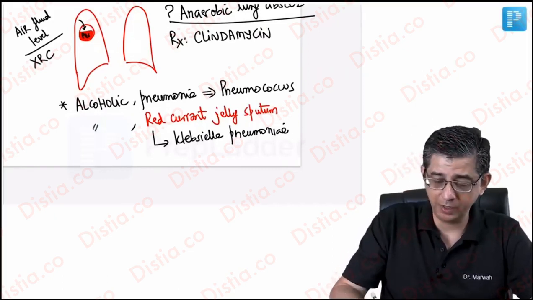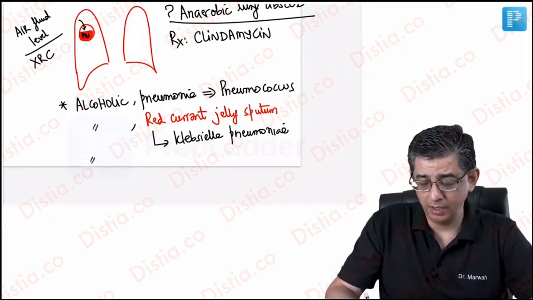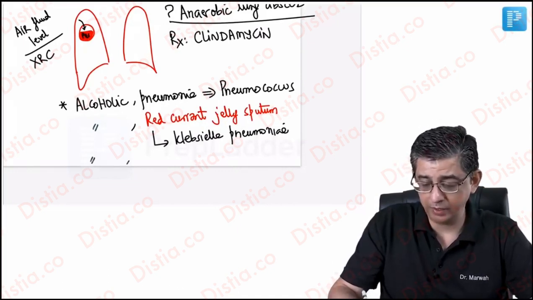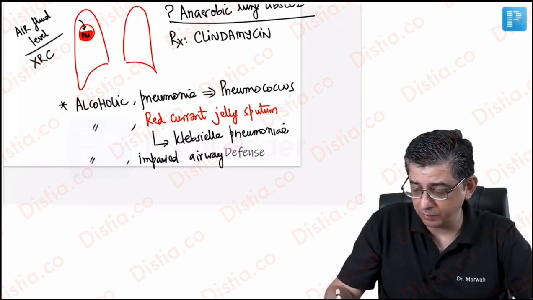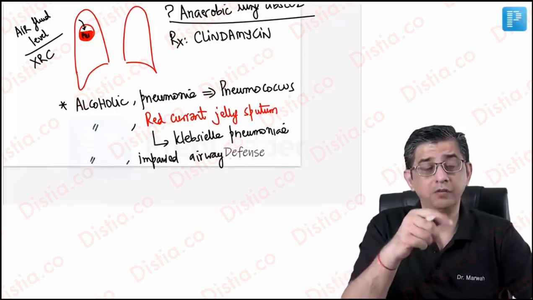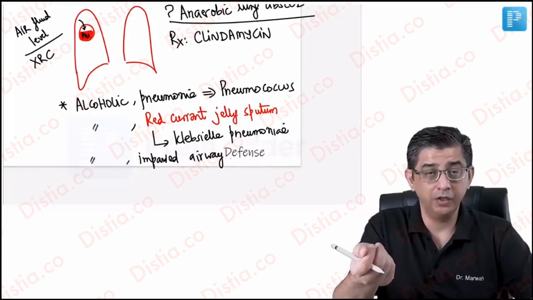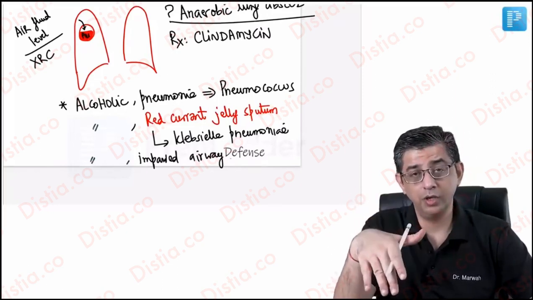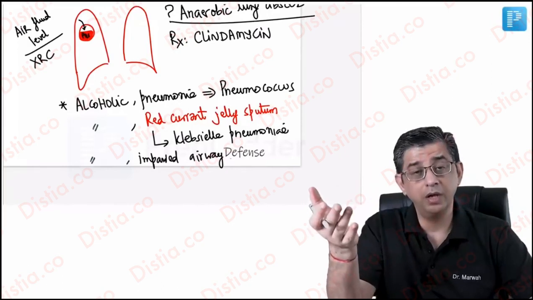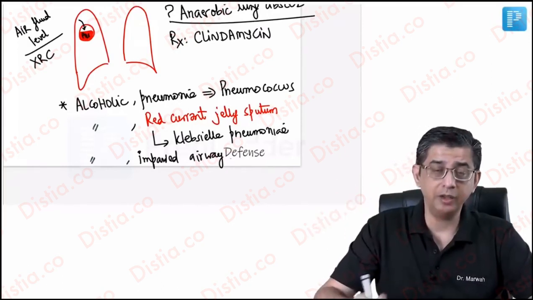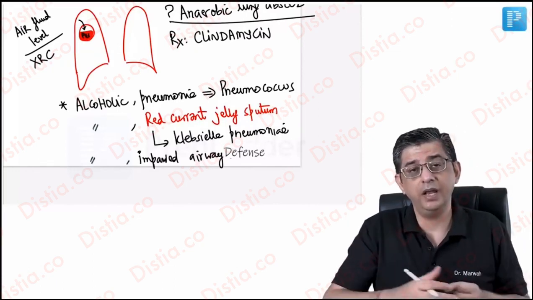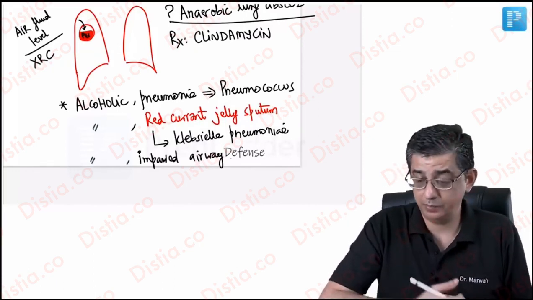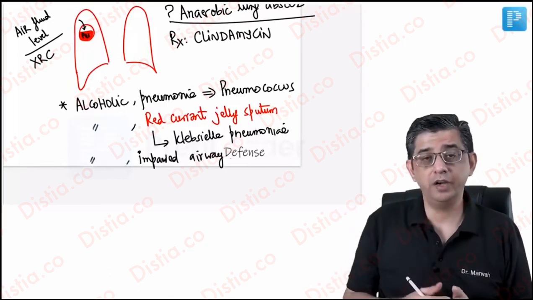Let's do another aspect. Just for completion's sake, I said there's an alcoholic who is admitted and has impaired airway defenses. It could be not only an alcoholic, but any patient with impaired airway defenses. That could be a patient of amyotrophic lateral sclerosis, a patient who's had a stroke, or a patient with scleroderma. In scleroderma, obviously it's not impaired airway defense; the lower esophageal sphincter is relatively relaxed, so some of the GI secretions can move up.